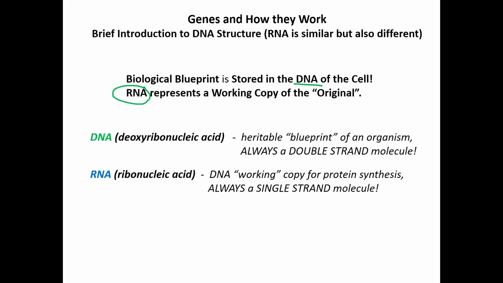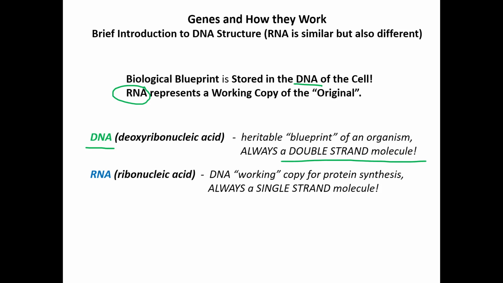So DNA, the genetic information that is stored in cells, is the abbreviation for deoxyribonucleic acid. And this is our blueprint, and the DNA is always present in cells only in the form of a double-stranded molecule.